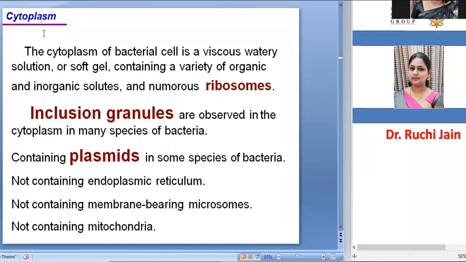So what are the contents of cytoplasm? It contains organic as well as inorganic solutes. Numerous ribosomes, inclusion granules, and plasmids are there.